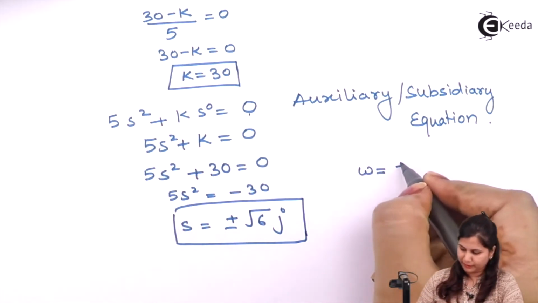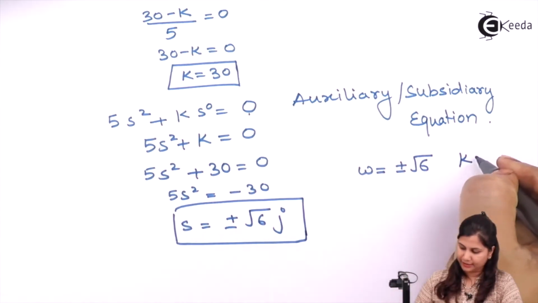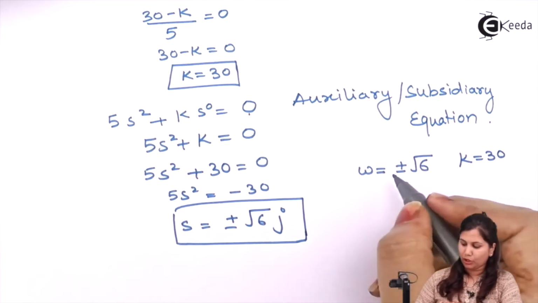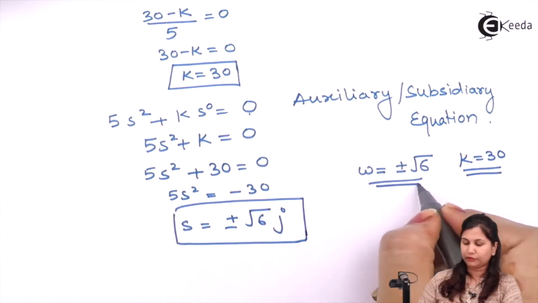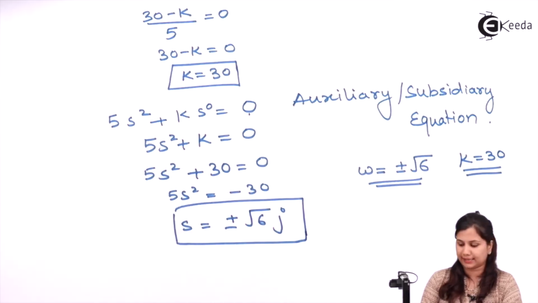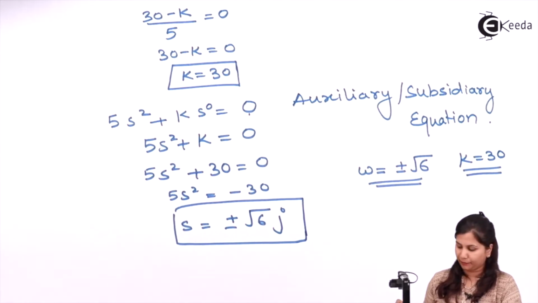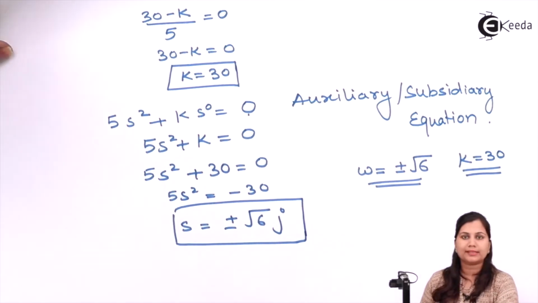So omega will be plus minus root 6 and k is equal to 30. This is the intersection point of the root loci branches on the imaginary axis, and we have used two methods. First method was to put s equals j omega, and second method is to use the root stability criteria. So this was our rule number 7.